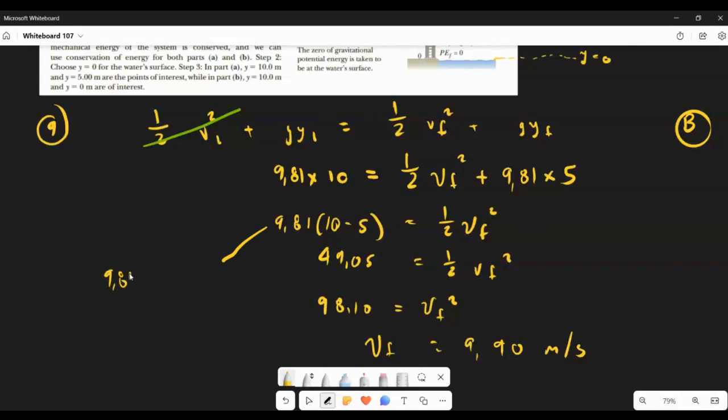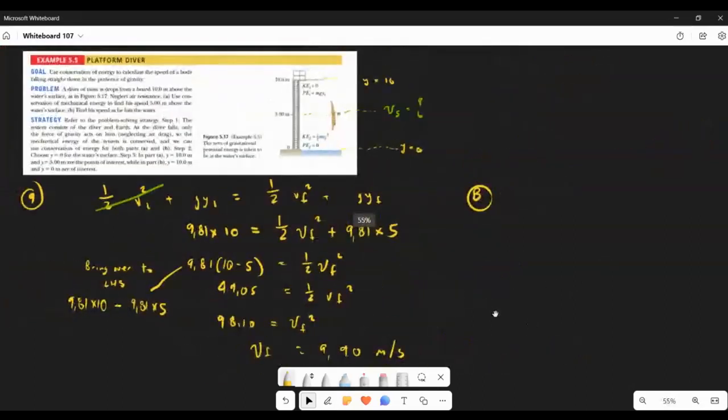I'm just saying 9.81 times 10 minus 9.81 times 5. I'm just bringing over this term to the left-hand side. Is that clear? Any other questions? Okay, perfect.